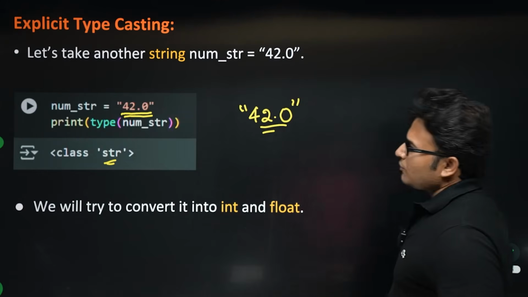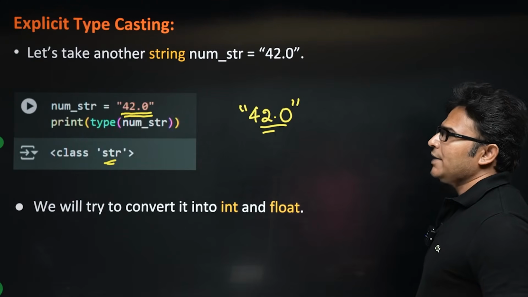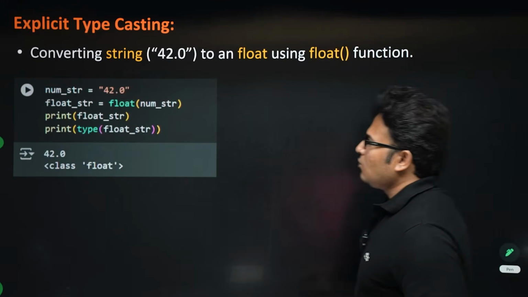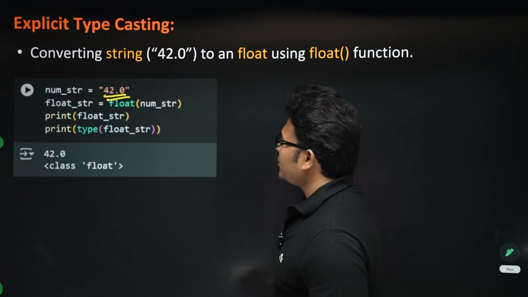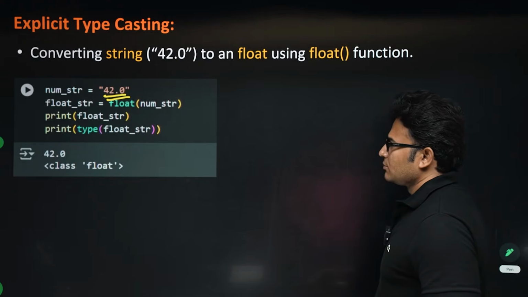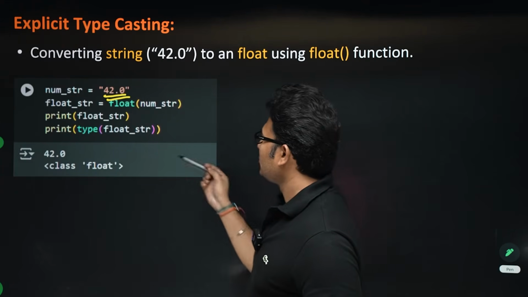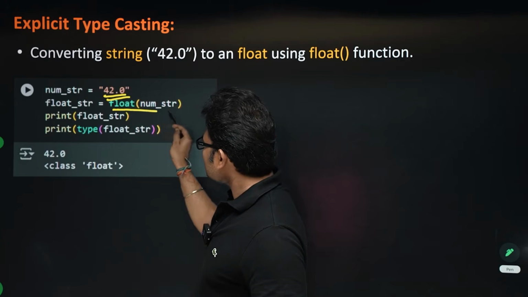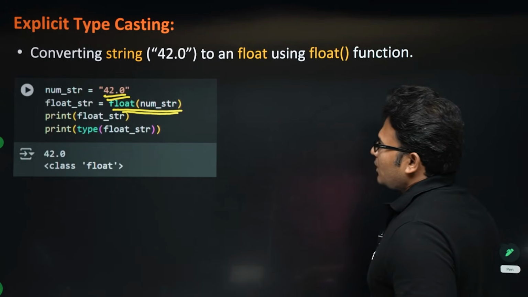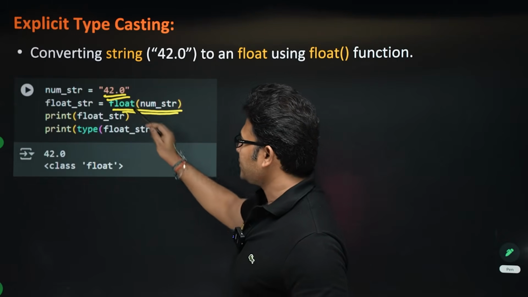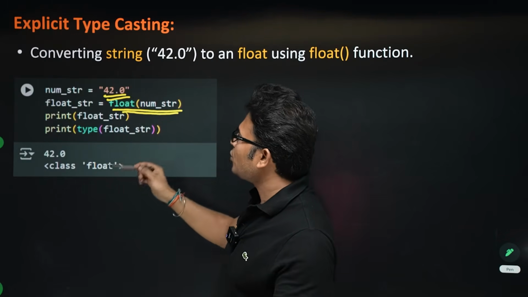Now let's try to convert it into a float and an int. Now 42.0 is a string, and if you convert it into a float using the float function, it will convert without any problem.